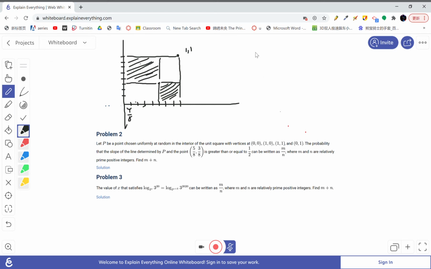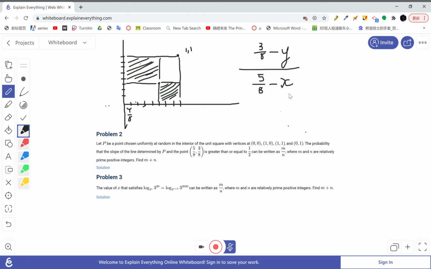So now, what are we going to do with the other two regions? We want to set up an equation. The slope between the point and 5 over 8, 3 over 8 is going to be determined by this, right? So we want to first find the smallest.